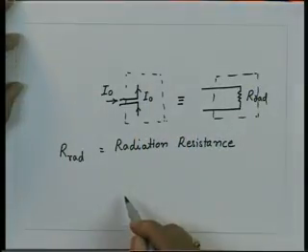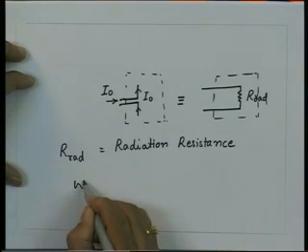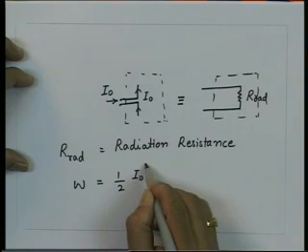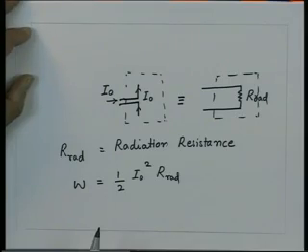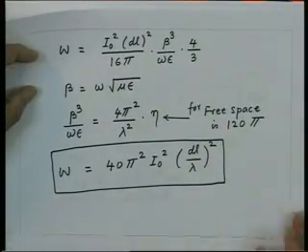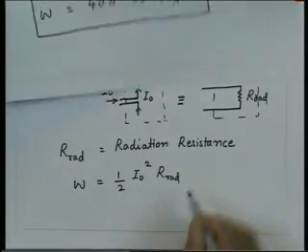If that is so, then the power consumed, from a simple circuit point of view, will be simply half I0 square into R radiation. So the W from the circuit point of view should be equal to half I0 square into the radiation resistance. Equating these two, this is the power radiated by the antenna, and this is the power which has gone into the terminals of the antenna, so these two should be equal.